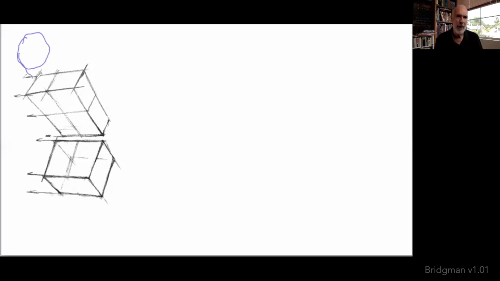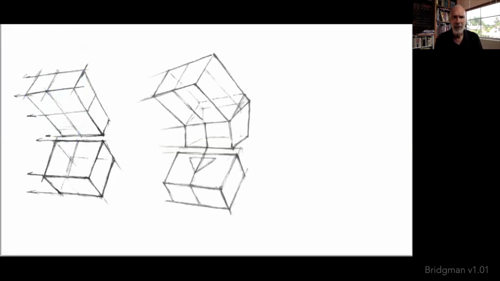You could put your head here, eyes there, and you could even bring your knees all the way up to there and crouch down. But if it's a natural view, good chance that the head is going to be here, looking that way. And this is going to be a back with shoulders, and the arms are going to go out from there.